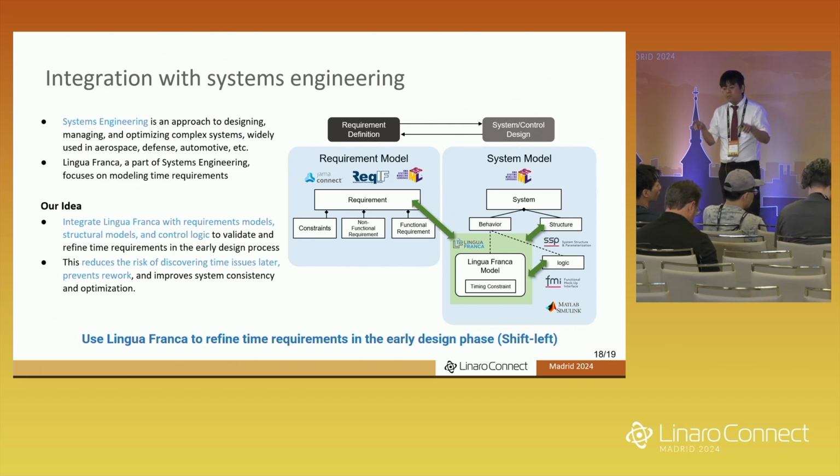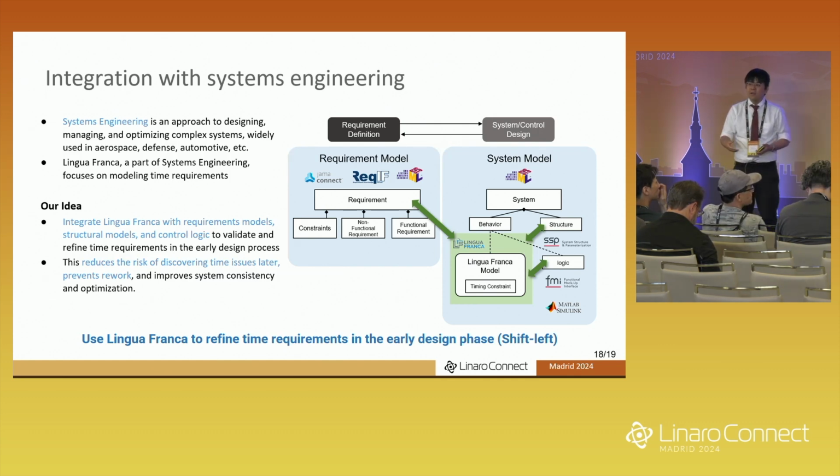Therefore, we are considering our idea of integrating Lingua Franca with the entire systems engineering world. For example, integration with a requirement model or some structure models actually used in our business unit, and some Simulink models as a part of application logic and so on.